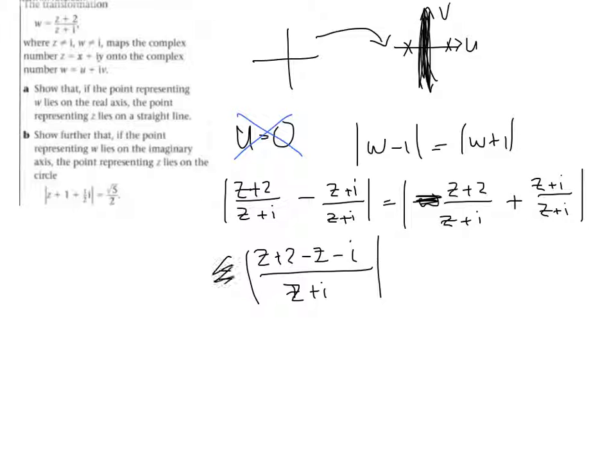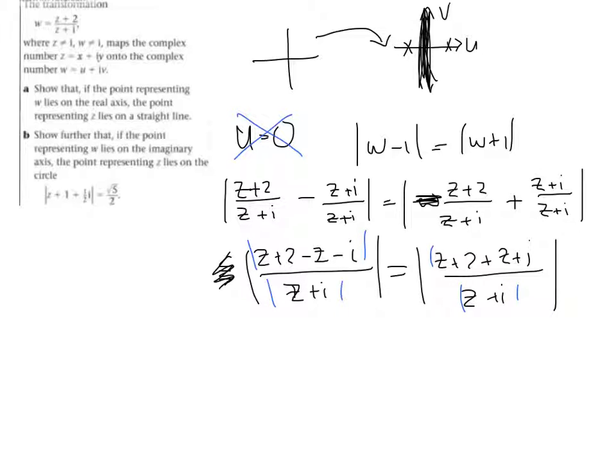Why did I write equals there? I meant therefore. Therefore this equals |(z + 2 + z + i)/(z + i)|. Usual trick: the modulus of a fraction is the modulus of the top over the modulus of the bottom. So we can do that, and then we can cancel the bottoms because they're the same.